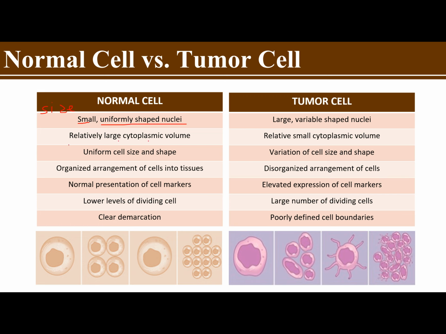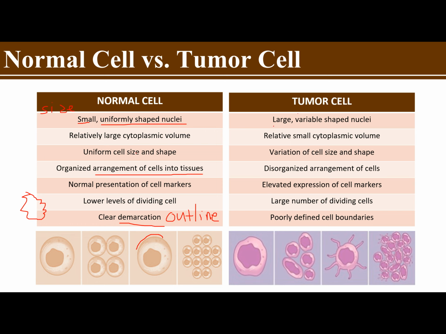They have a relatively large cytoplasmic volume, uniform cell size and shape, organized arrangement of cells into tissues, normal presentation of cell markers, lower levels of dividing cells, and they have a clear demarcation. When you say clear demarcation, they have a clear outline. They don't have a fuzzy appearance on their outline. They have a smooth outline. So this is your normal cell.